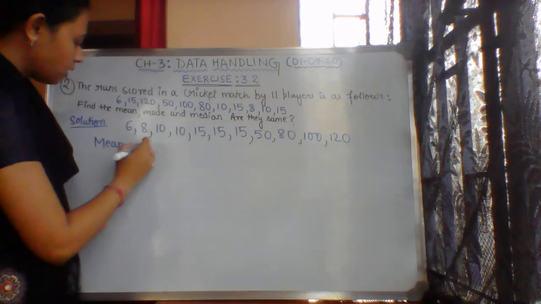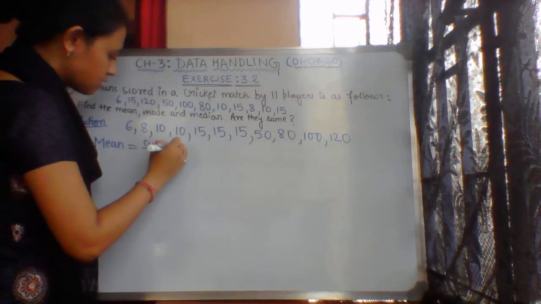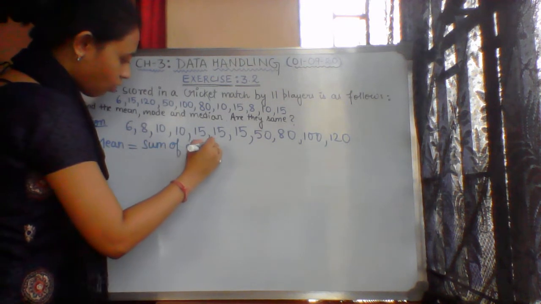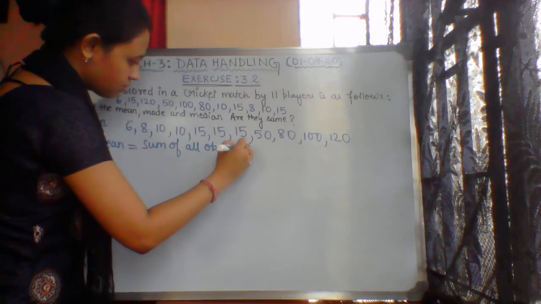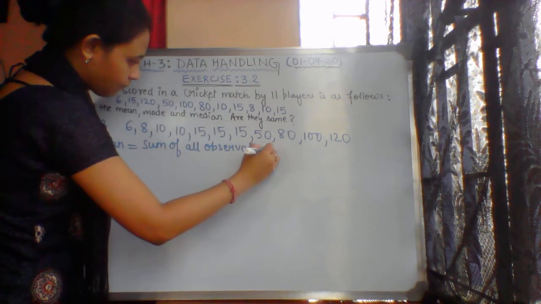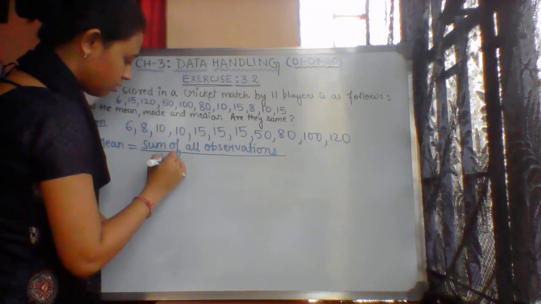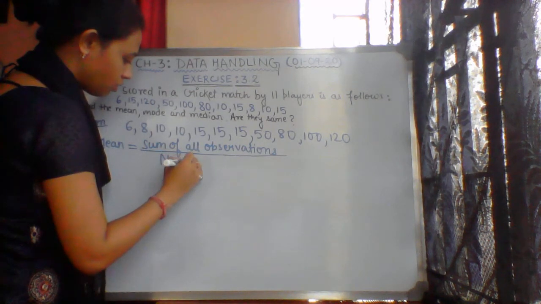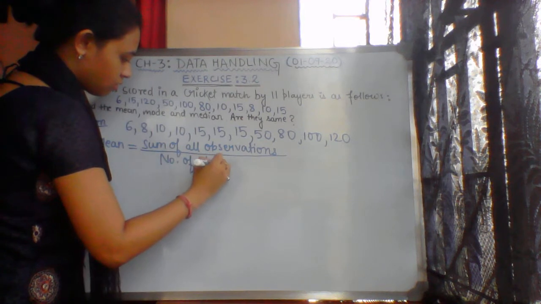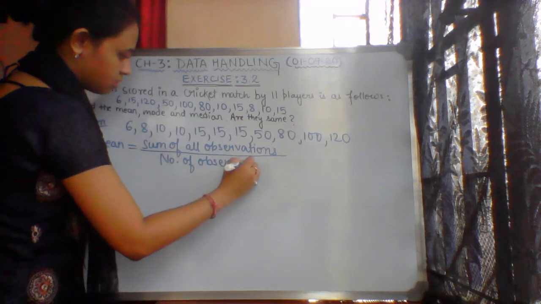So the mean will be the sum of all observations divided by the total number of observations.